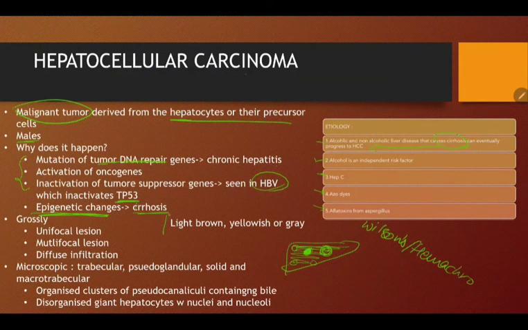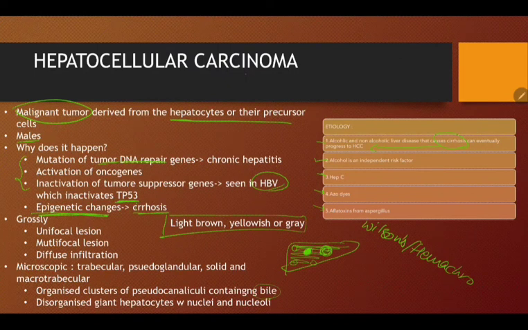The liver itself will look light brown, yellowish, or gray. And microscopically, either there's an organized cluster of pseudocanaliculi cells, so you might see bile, or there's a disorganized cluster of giant cells with nuclei protruding, multiple nuclei.